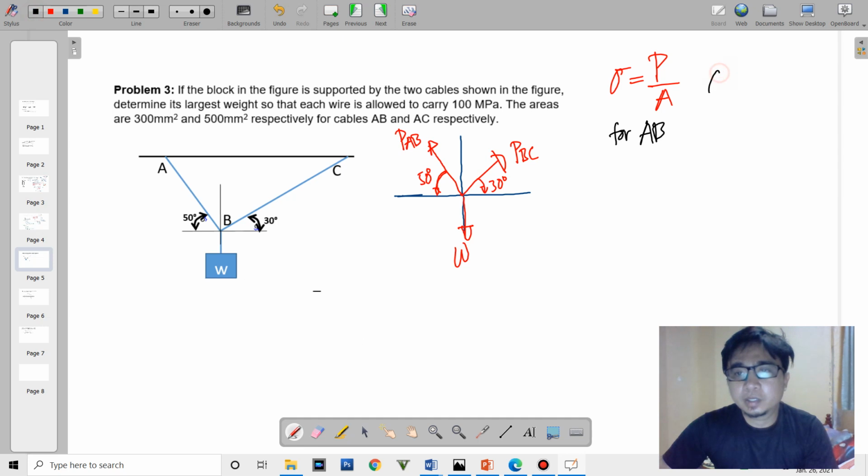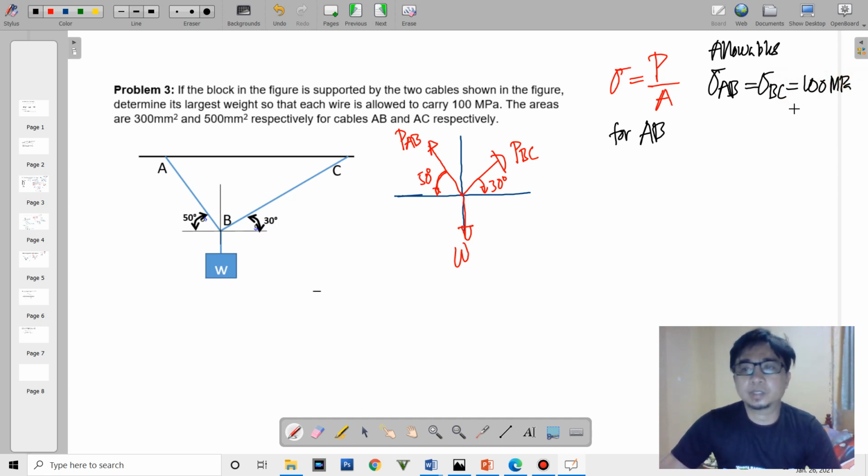By the way, sigma AB, these are allowables, will be just equal to sigma BC according to the problem, that is 100 megapascal. So the capacity of each of the cables is limited to 100 megapascal.